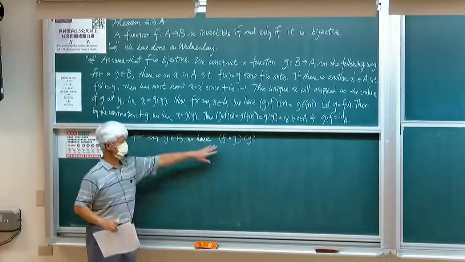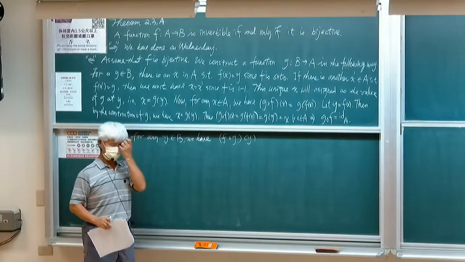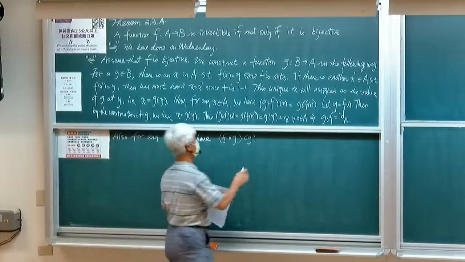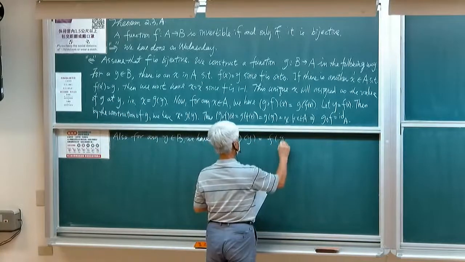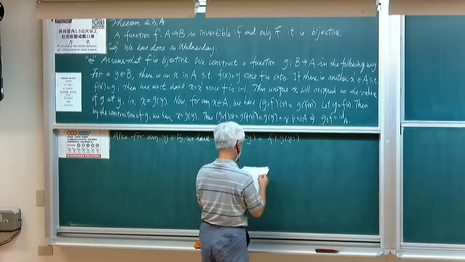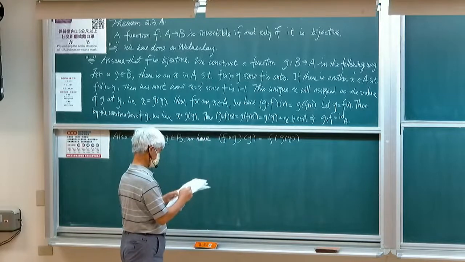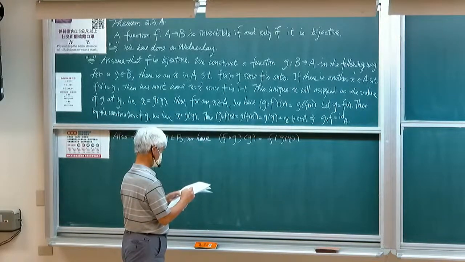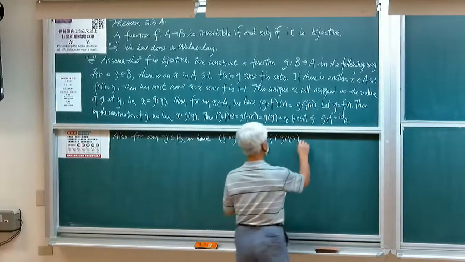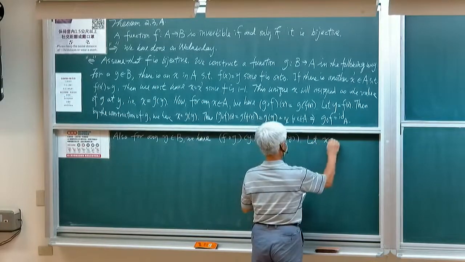So this composition is a function from B to B. So this is f of g of y. Now we let x to be g of y.